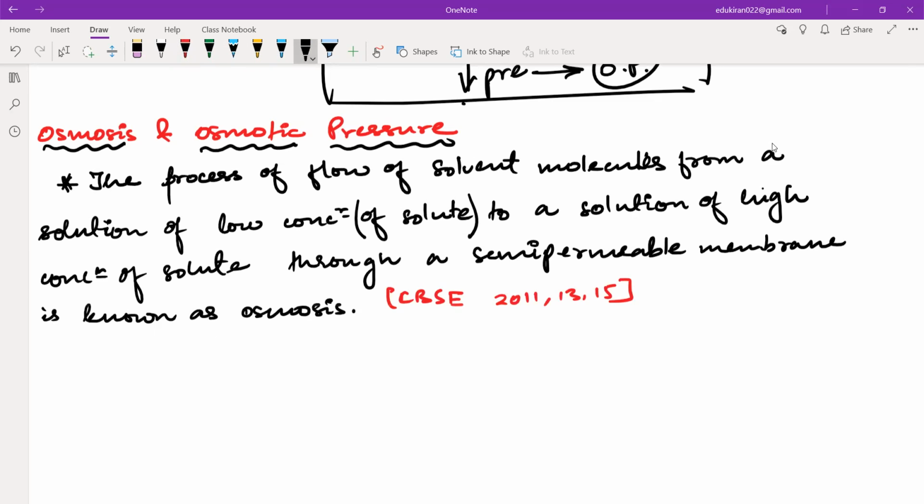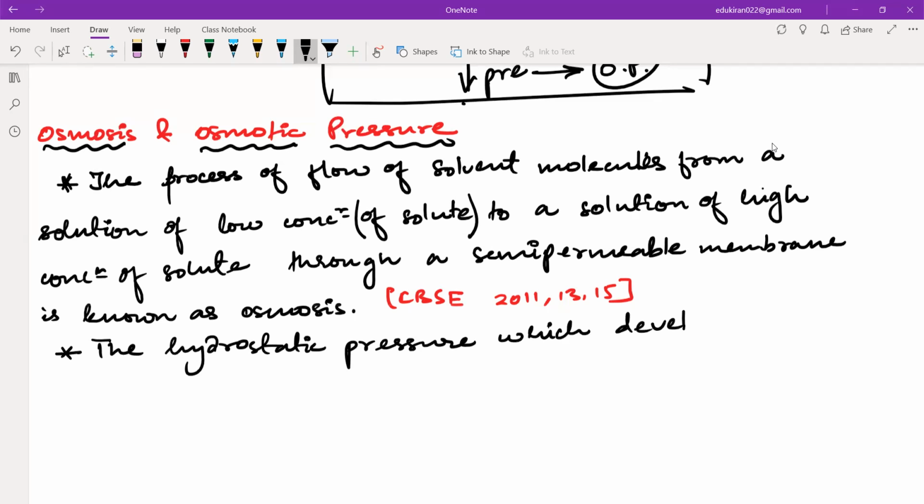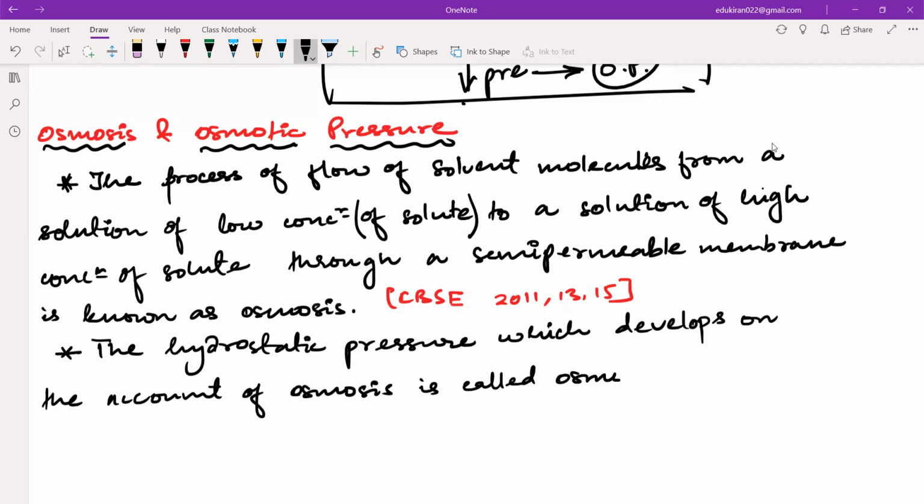The next definition that I will be writing is the definition of osmotic pressure. So please write: the hydrostatic pressure which develops on account of osmosis is called osmotic pressure.